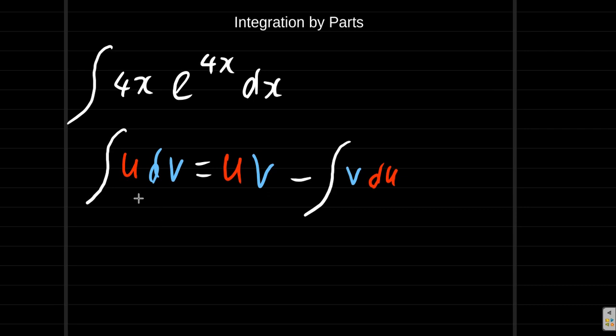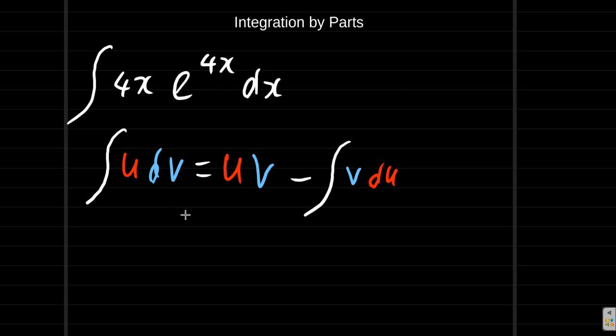Look at this. If you choose u for 4x, you're going to differentiate to get du, and you're going to get just 4. So we use that. If you choose u for e to the 4x, when you differentiate e to the 4x, you're going to get 4e to the 4x, and that will not simplify the function as you go along.